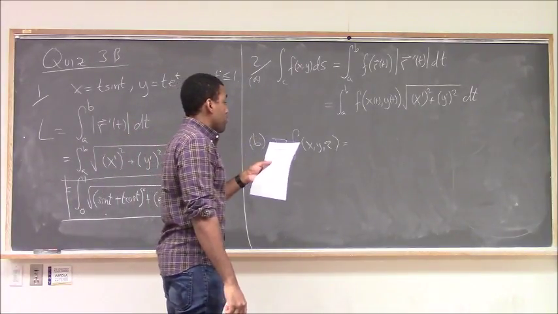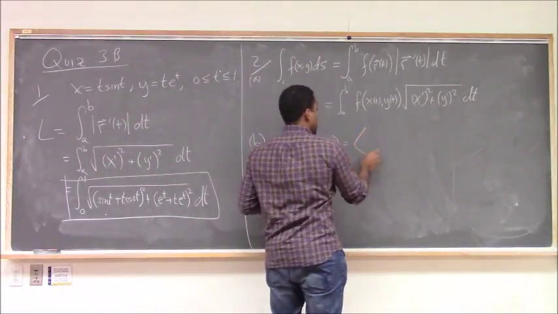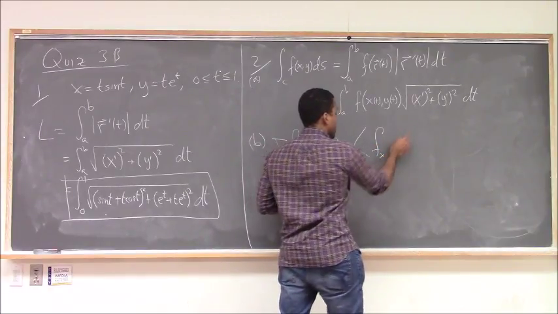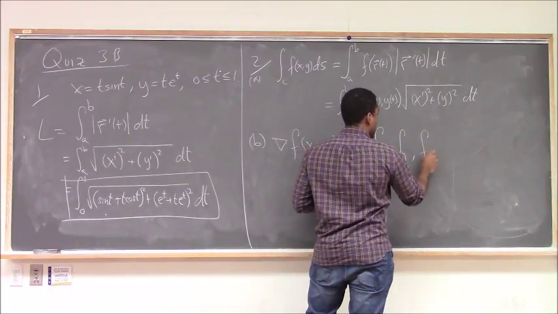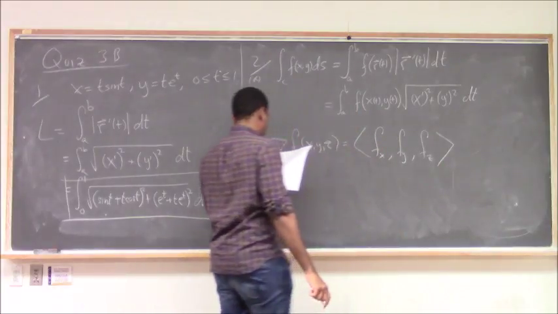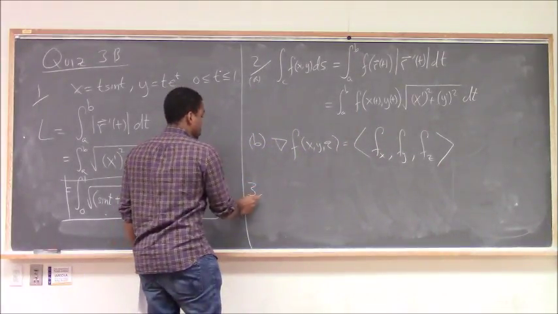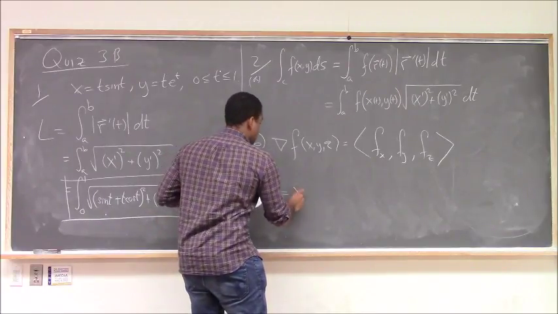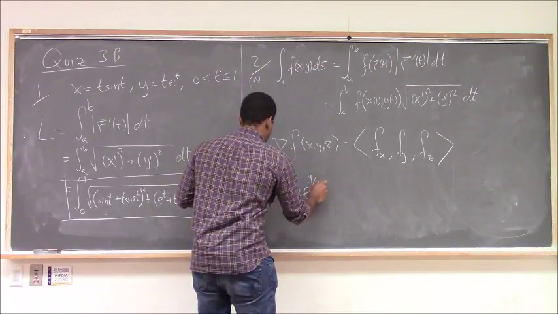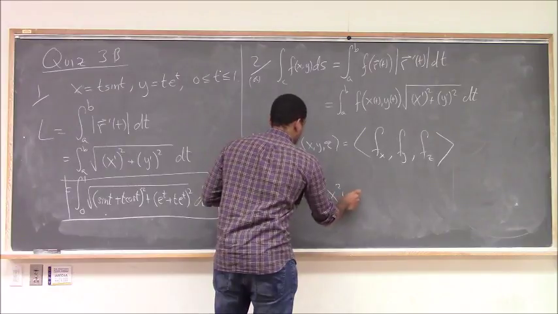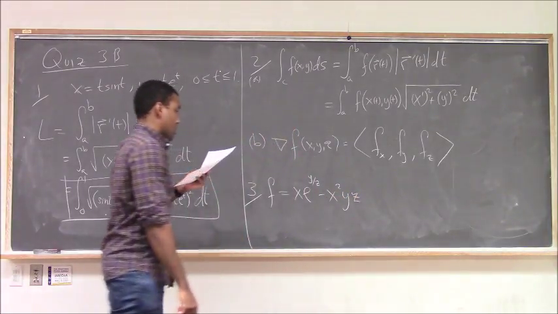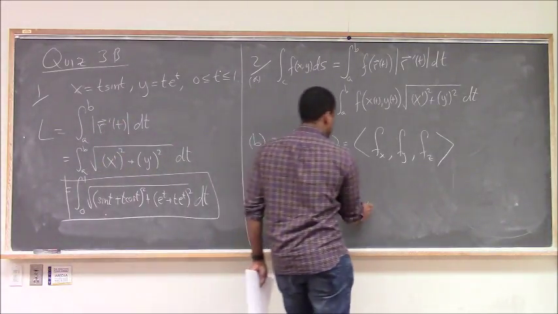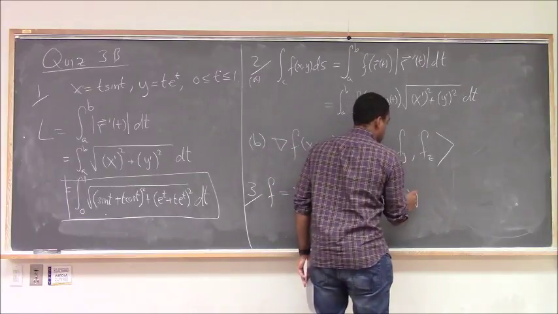So this, the gradient, is just the partial derivative with respect to x, partial with respect to y, partial with respect to z. So 3. Now I gave you a function and you needed to find the gradient.